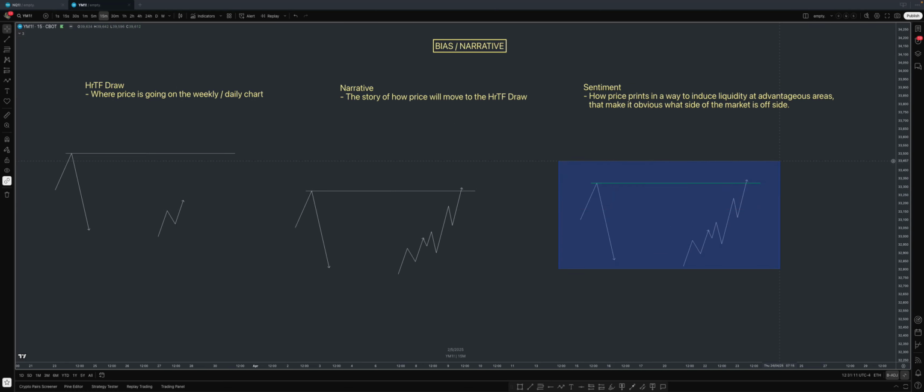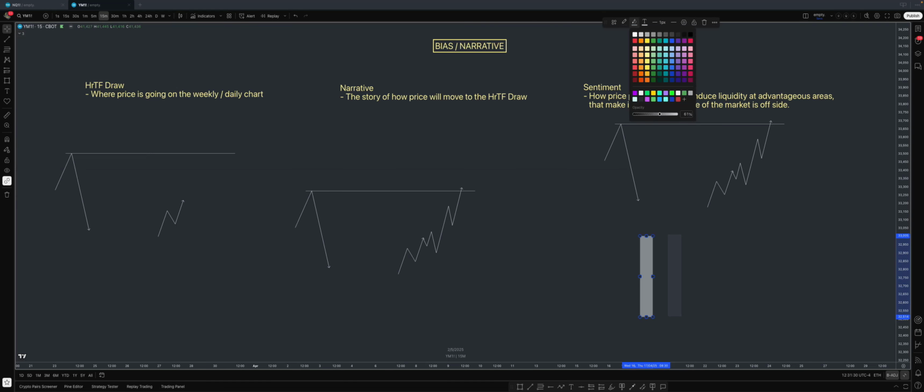It can also be when you zoom into an even lower time frame, you might see something along the lines of, let's say we're bullish and we get a really big up closing candle that closes as green as possible. So ultra green closure.